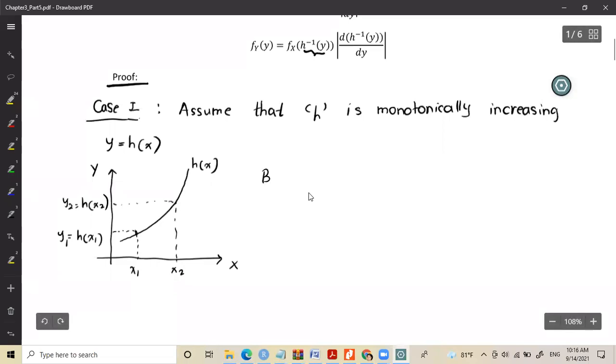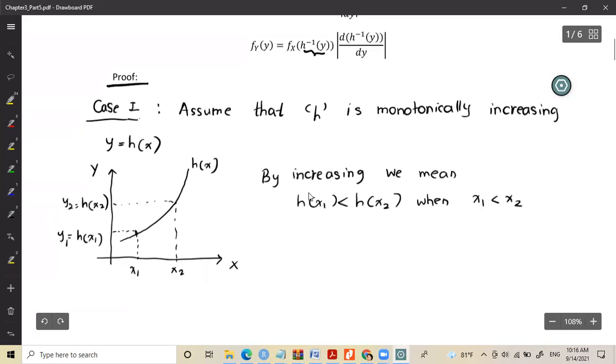So by increasing we mean h of x1 is always less than h of x2 when x1 is less than x2.